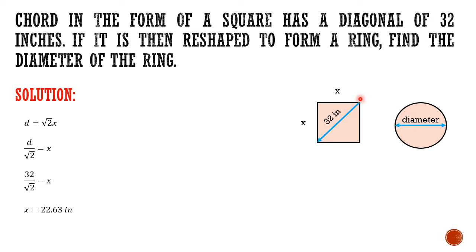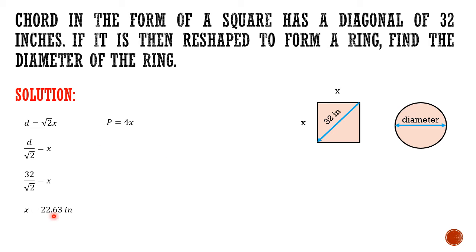So, in finding the perimeter ng square, alam natin na yung perimeter is equal sa 4 multiplied by x kapag square. Kasi nga, yung perimeter is the addition lang ng mga sides. Dahil pares lang naman yung sides ng bawat isa sa square, so 4 times lang ng x. So, yan. Perimeter is equal to 4x.